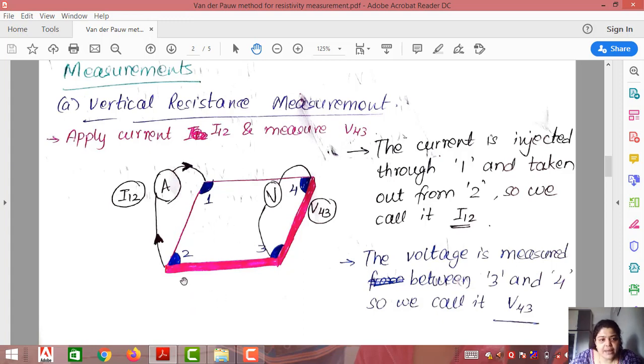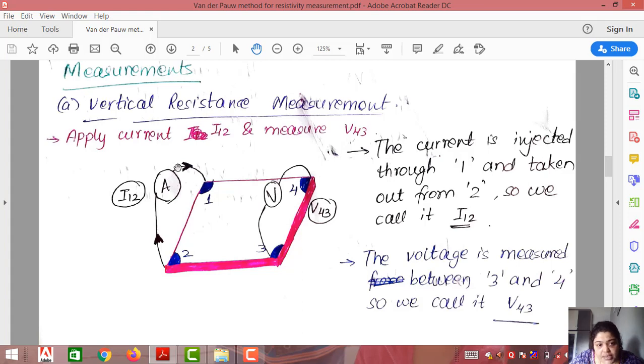Now in the diagram, a total of 8 measurements will be done. No need to draw 8 different diagrams. You can just draw one diagram, explain one or two cases and the others will be similar. So in this diagram, there is a constant current source like we had in the 4-probe method, and we have a voltmeter which has a high impedance. So this constant current source will supply current to our contacts.